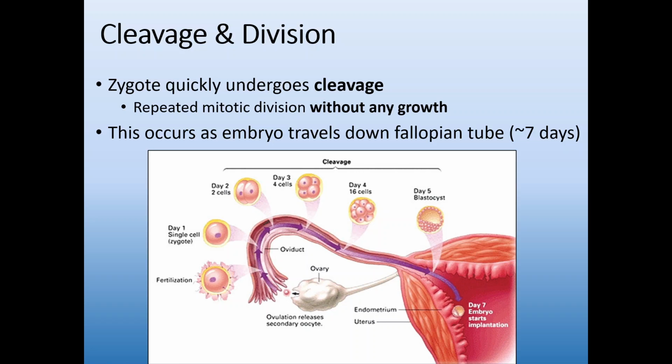So the zygote will be gently pushed along this structure. While it's being passed through, we see the cleavage happening. We're creating increased numbers of cells, but remaining at the same size. This whole traveling process takes approximately 7 days. So from fertilization, it's about a week before it reaches the end of the fallopian tube and can then be implanted within the uterus.